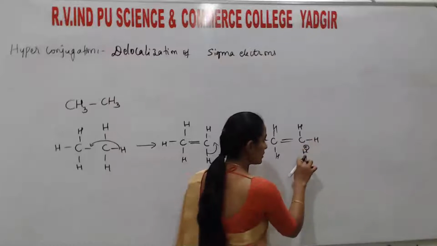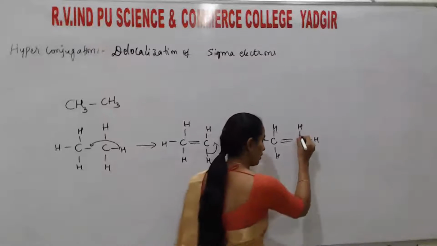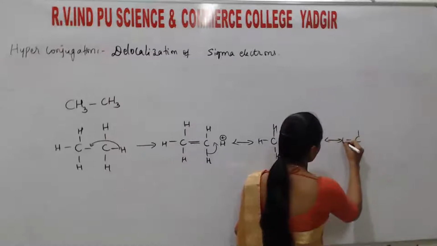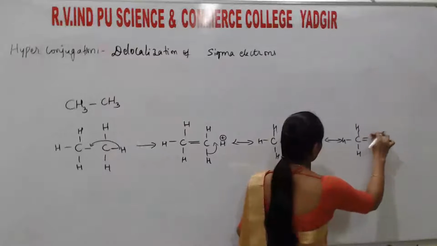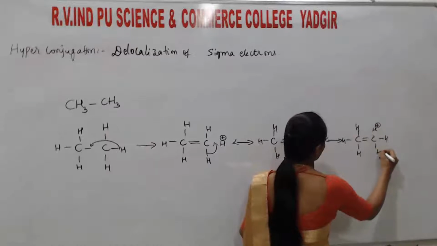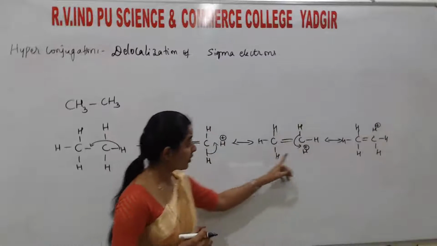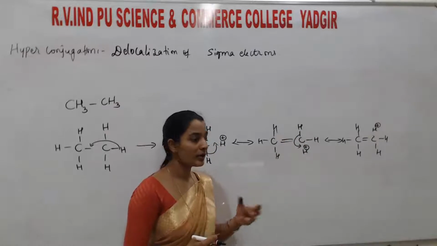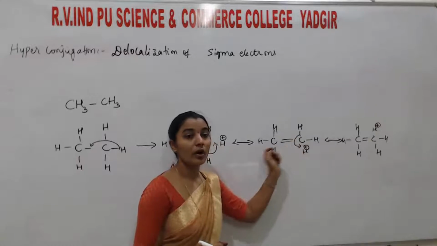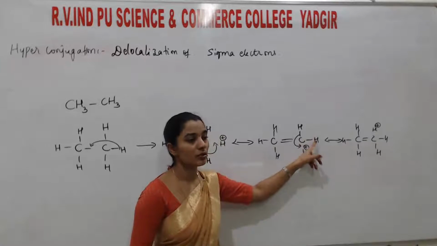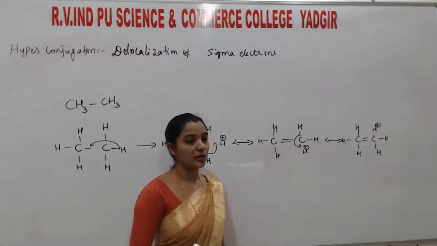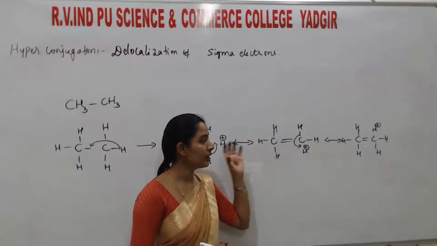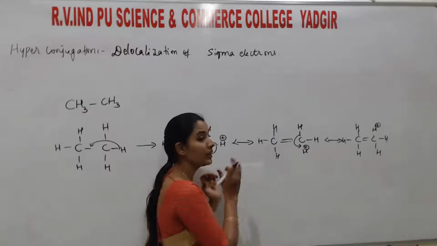Next, instead of this, the bond may be involved in resonance: CH2, double bond CH, here H plus, here H, H. Here the bond position of each hydrogen atom keeps on changing, by the delocalization of the sigma bond. A sigma bond shifts from one position to another position. So this effect is called the hyperconjugation effect. It is highly effective when it is highly predominant.